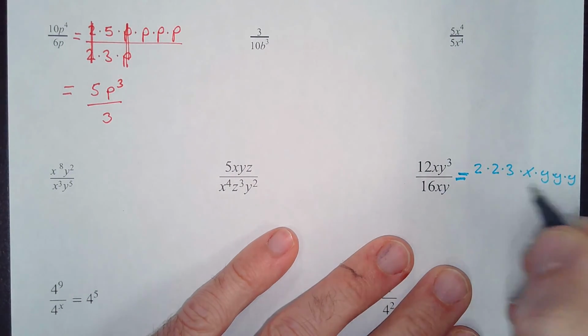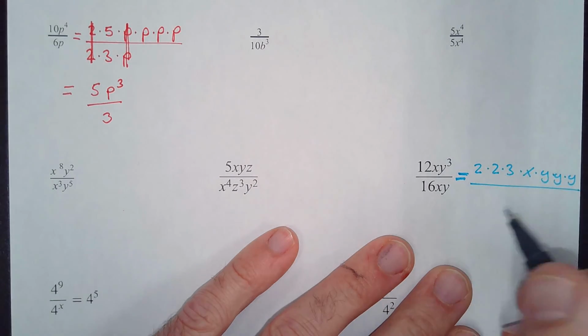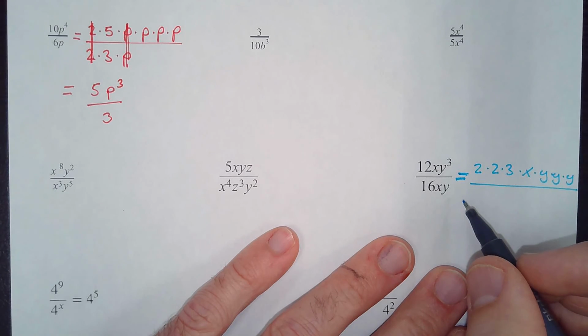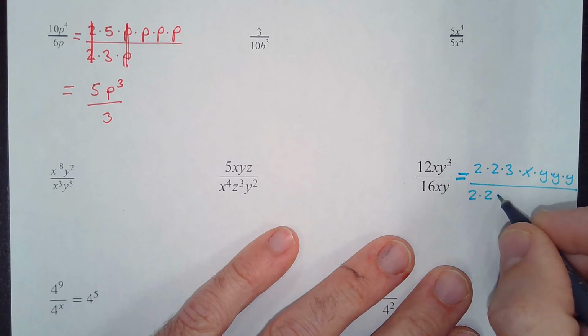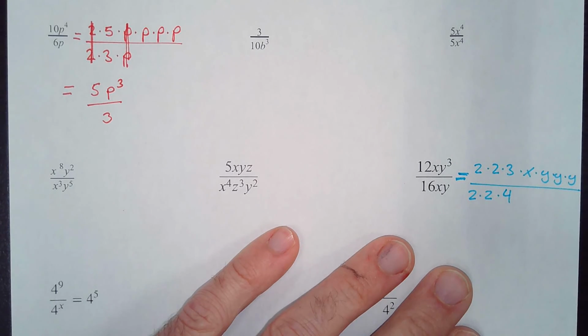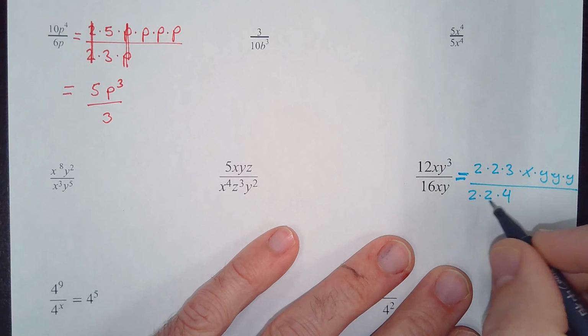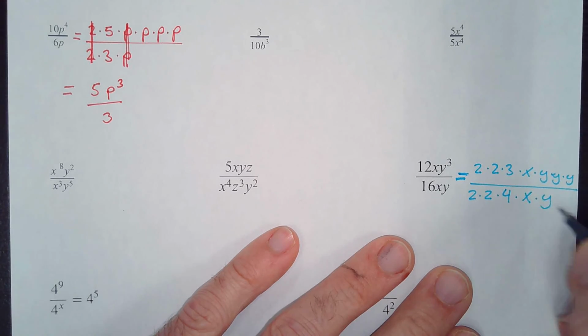On the bottom, I can expand that to, well, 4 times 4, and 4 times 4 can be 2 times 2. We can just put 2 times 2 times 4. 2 times 2 is 4. 4 times 4 is 16, times x times y.